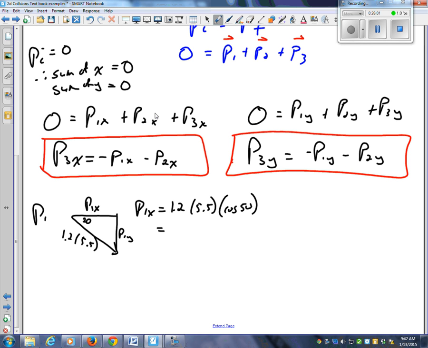These notes aren't very good. 1.2 times 5.5 times... Oh, I'm in radians. Don't be in radians. I get 4.24. And it's to the right, so it's going to be positive, right?